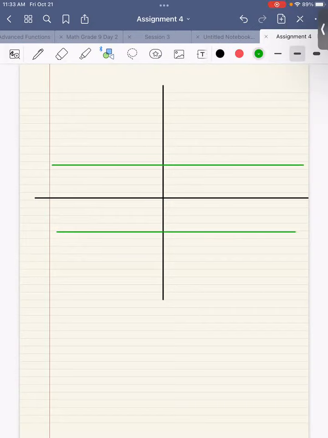Let me draw the function. Arctan lies between pi half and negative pi half.